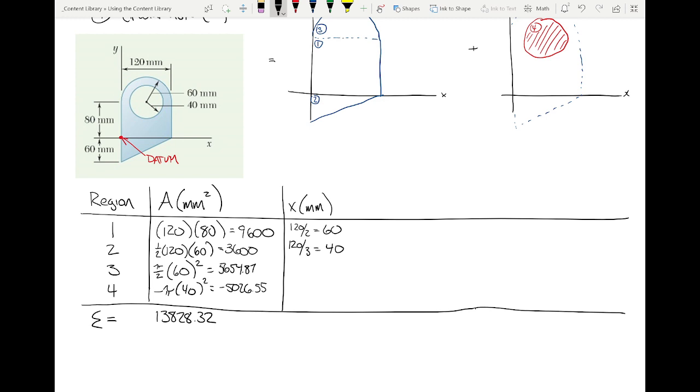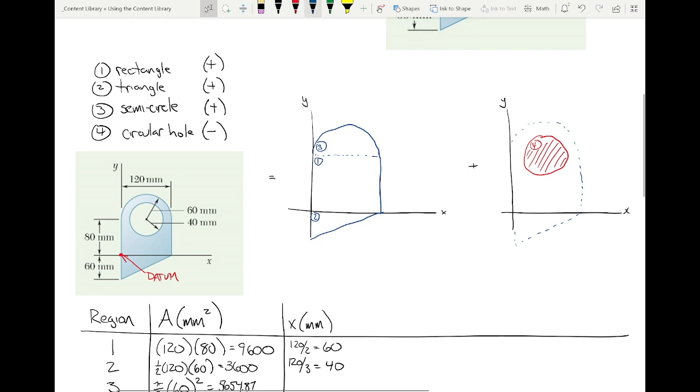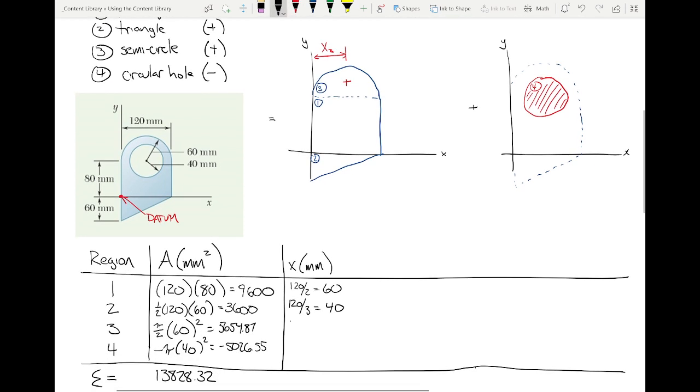For shape 3, we don't know exactly how far up this is yet. So let's say this is the centroid of shape 3, but I'm asking for this distance right here. This is x3. And how far is that distance? 120 over 2, which is 60. And same thing here. This is 120 over 2, which is 60.